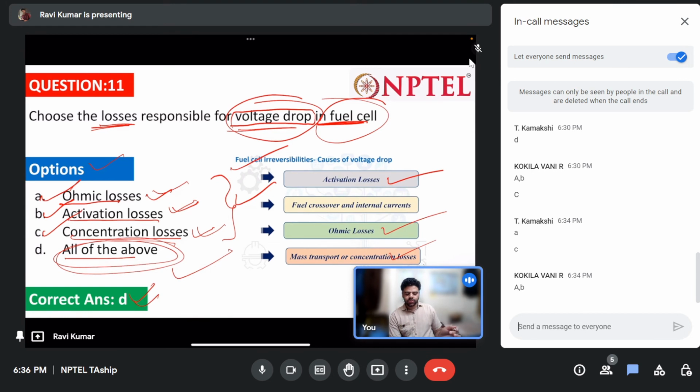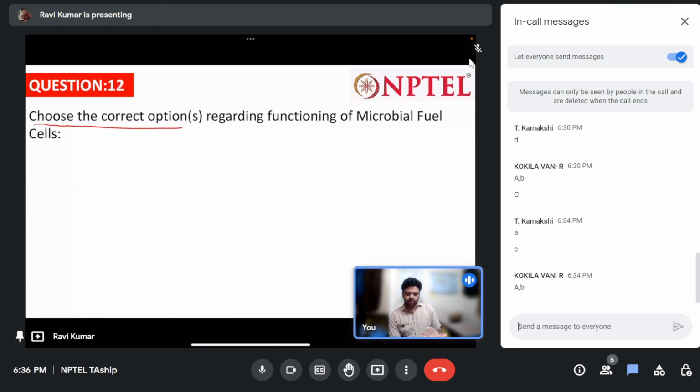So let's move to the next question, which says choose the correct option or options regarding functioning of microbial fuel cell. First, let me know, do you know what this microbial fuel cell is? Have you heard about this? Do you have any idea regarding this MFC?